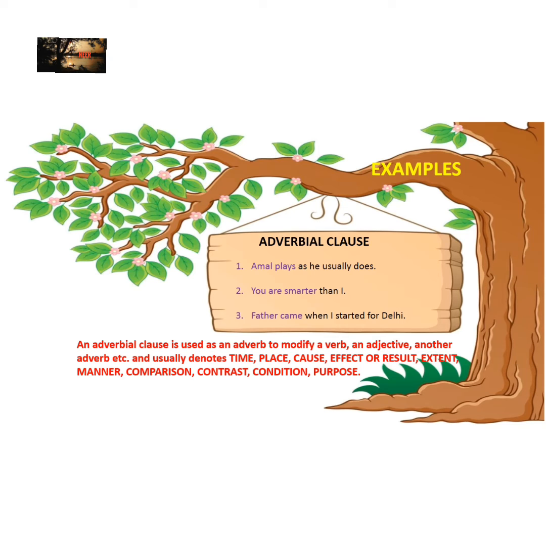An adverbial clause is used as an adverb to modify a verb, an adjective, another adverb, etc., and usually denotes time, place, cause, effect or result, extent, manner, comparison, contrast, condition, purpose.